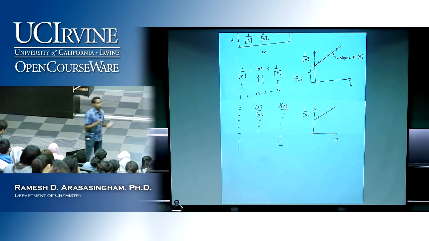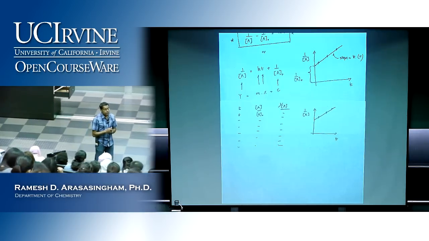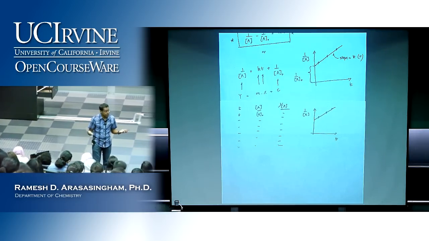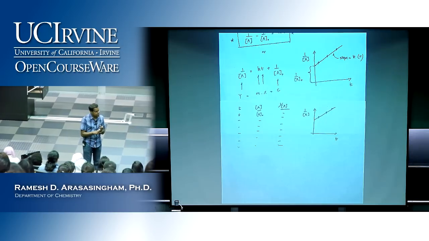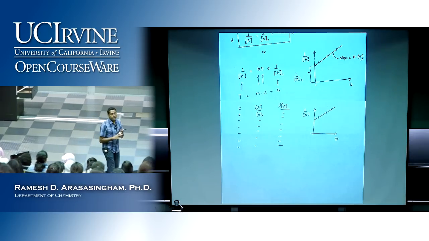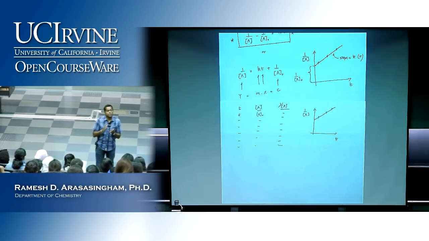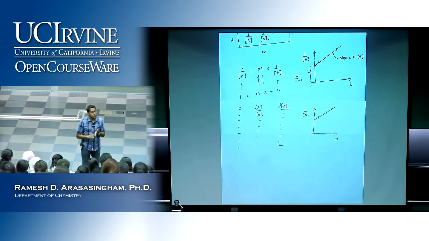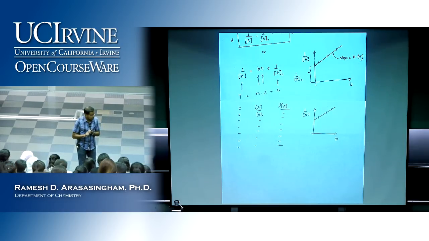If you don't get a straight line, but if you take these values and take ln A versus time and it gives you a straight line, what does that mean? First order. All right, do you see that? So you look at the shape, the form of the graph, and you can figure out which graph gives you a straight line, and that will tell you whether it's a first order reaction or a second order reaction.